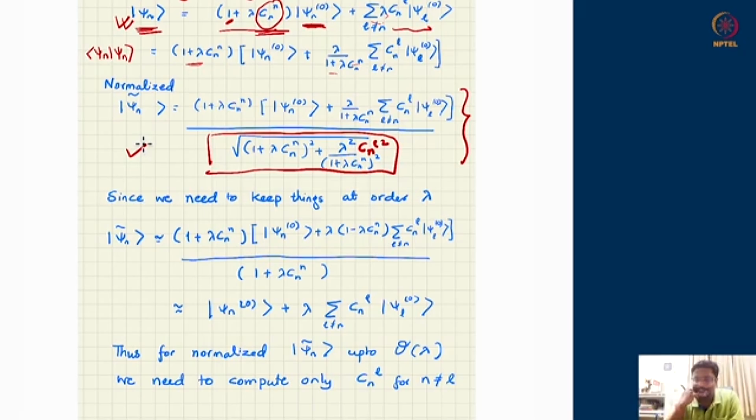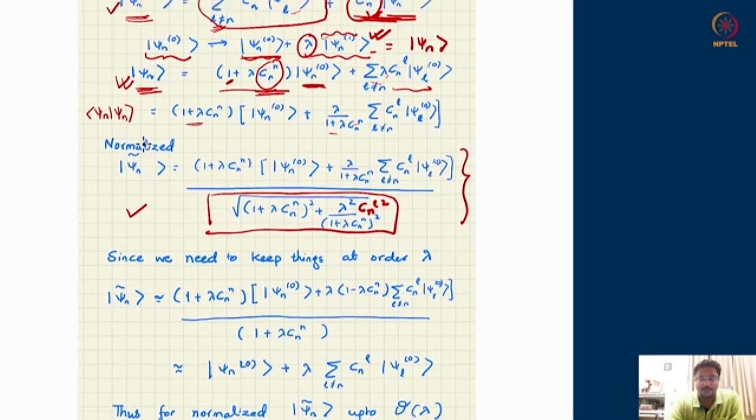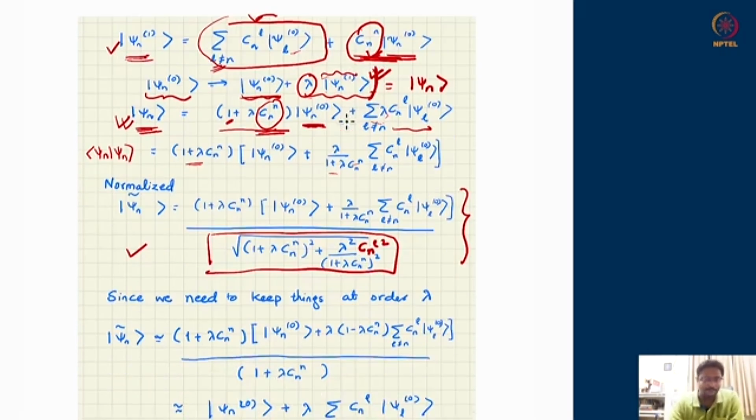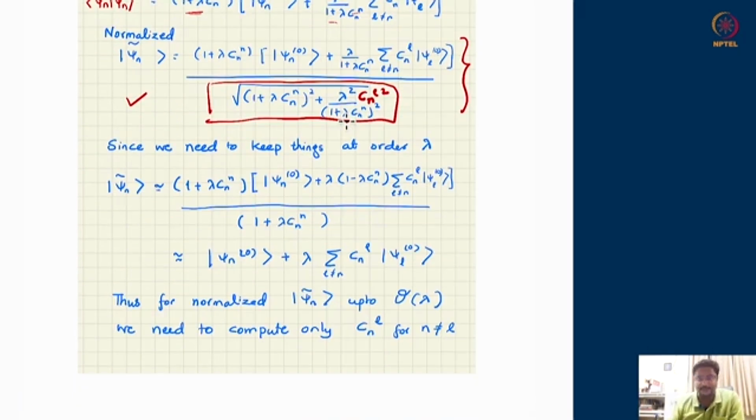I should maintain things only up to order lambda. Wherever I see a lambda square, I will throw that out, because I had thrown out the lambda square term from the beginning. There was no lambda square I had considered. So better not to consider lambda square anywhere. For example, here is a lambda square, I will just ignore it.